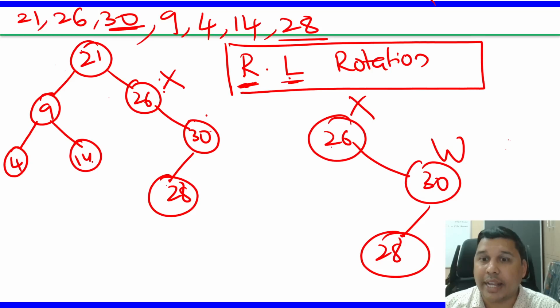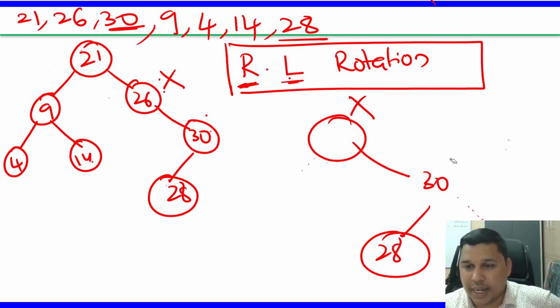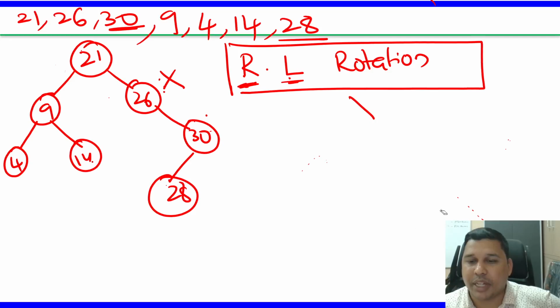For the right rotation, whatever left child this right child W is having will become the left child of this right child of 26. But do we have such an element here? No. So we will rotate this, and the structure will change to something like this.